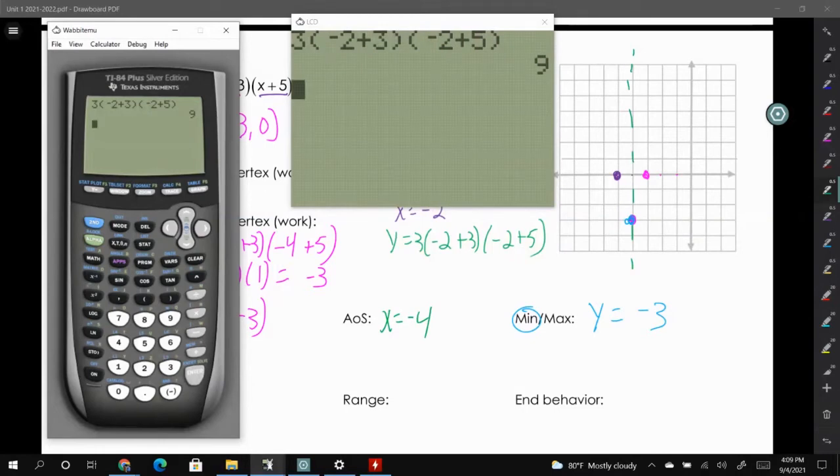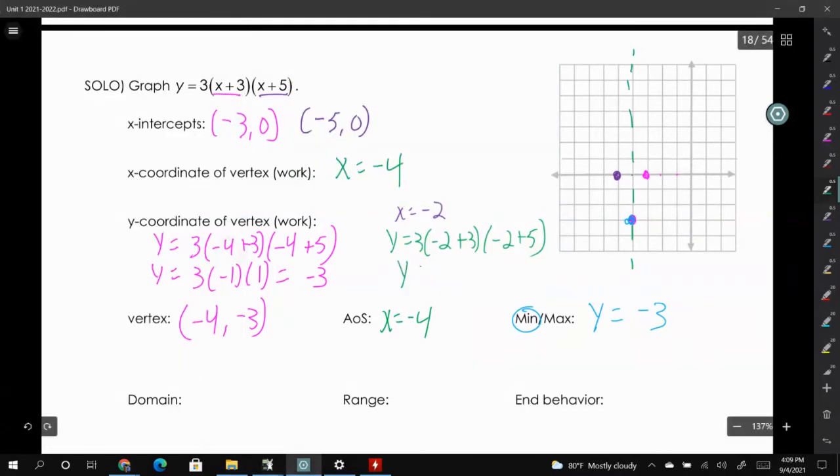And we get 9. So 1, 2, 3, 4, 5, 6, 7, 8. It'll be up here. And then we reflect that over. We're 2 away from the axis of symmetry, so we get 2 over. It would be there.